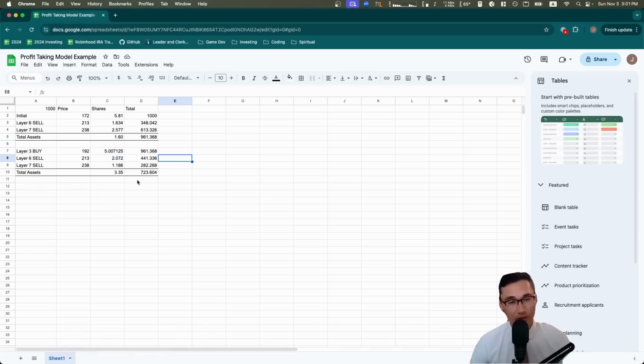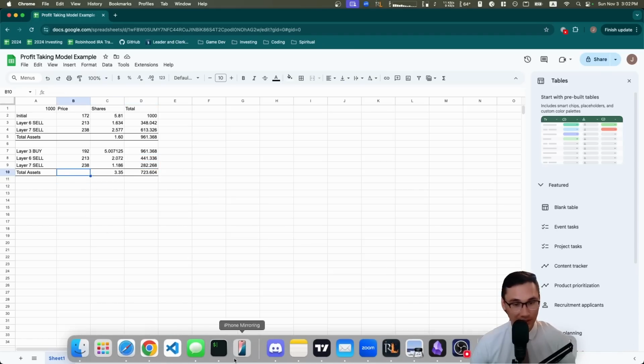Okay, so by the end of this sequence now, you have 3.3 shares still, right? So you would have your new 5 shares. You would sell based on the model. And then don't forget to add back in your 1.6 shares earlier. So you've got 3.3 shares, and then the cash proceeds from your sell here, 723.